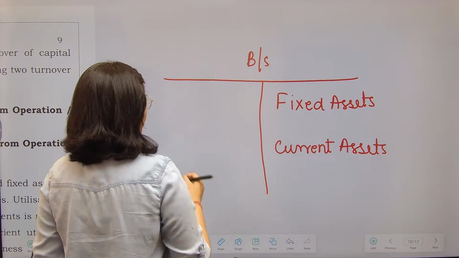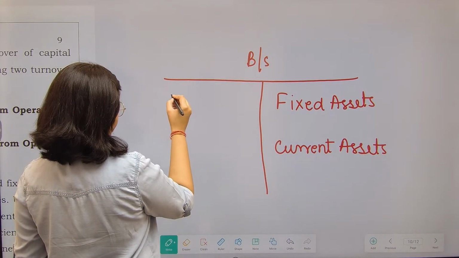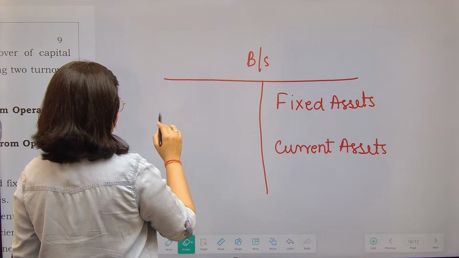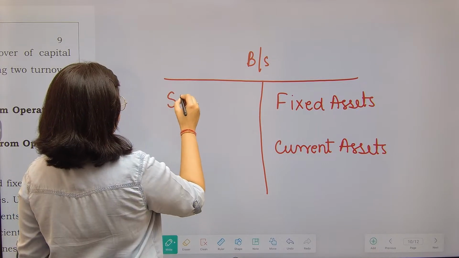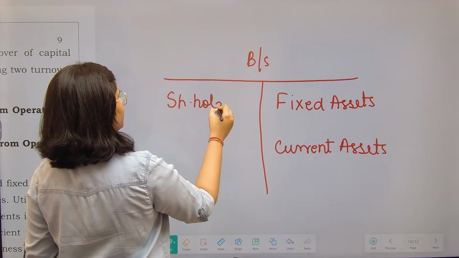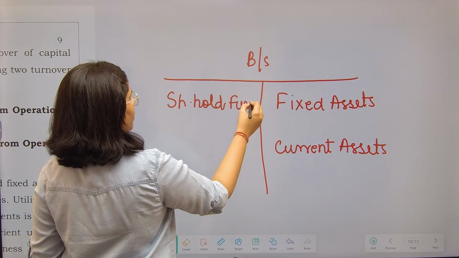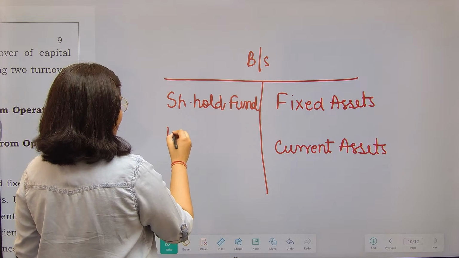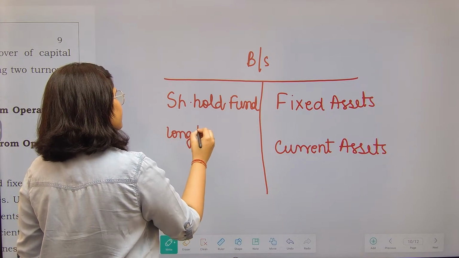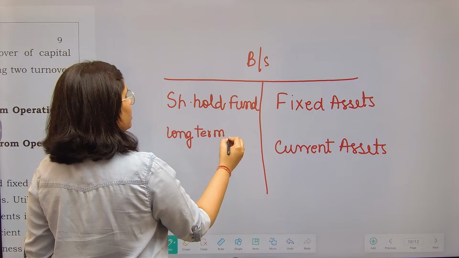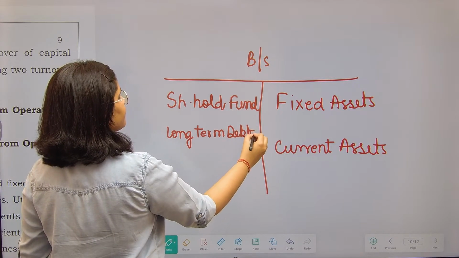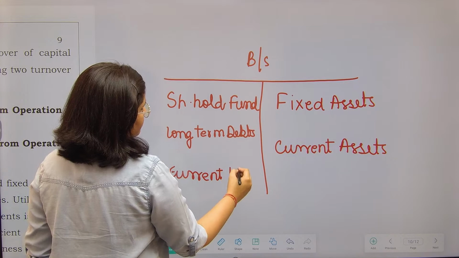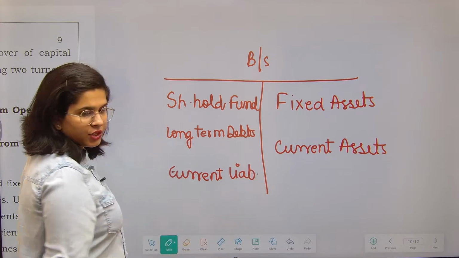Apart from it, here you have your share capital, let's name it shareholders' fund. After that, you might have long-term liabilities, or let's say long-term debts, and then you will have current liabilities. These are the broad bifurcations, right?